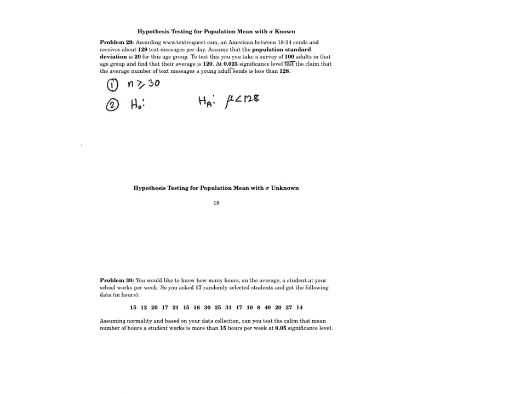Remember, to figure out which one is null and which one is alternative, equality must always be included in the null hypothesis. So this is your alternative hypothesis, which is that mu, the average number of text messages that one sends, is less than 128, versus the null, mu is greater than or equal to 128. See, the equality part is here.